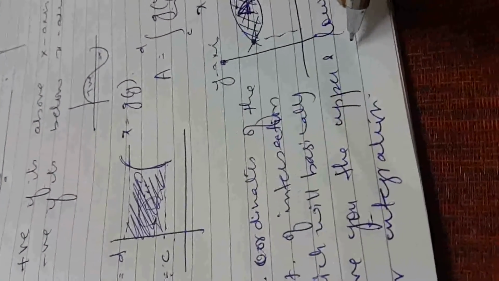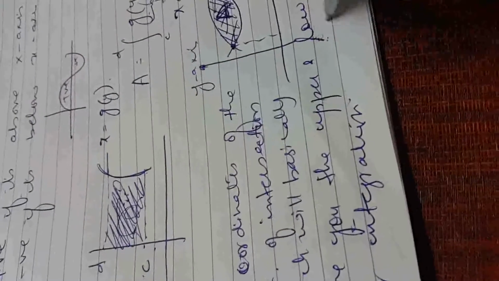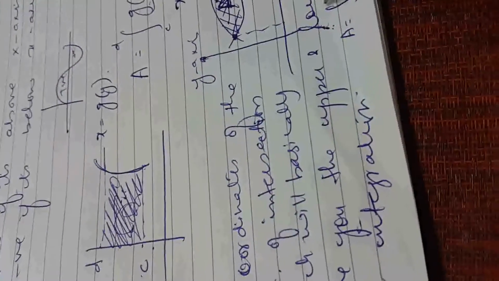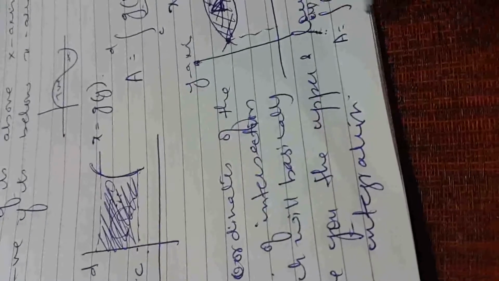So the formula for finding the area between the two curves is basically the integral of y2 minus y1 dx, where these two values are the lower x coordinate and the upper x coordinate.